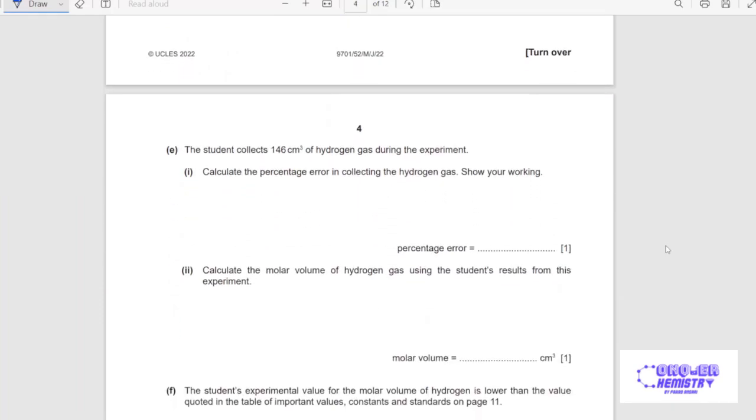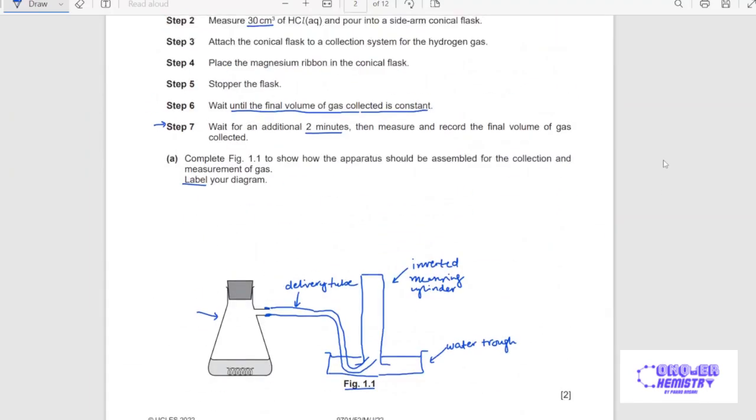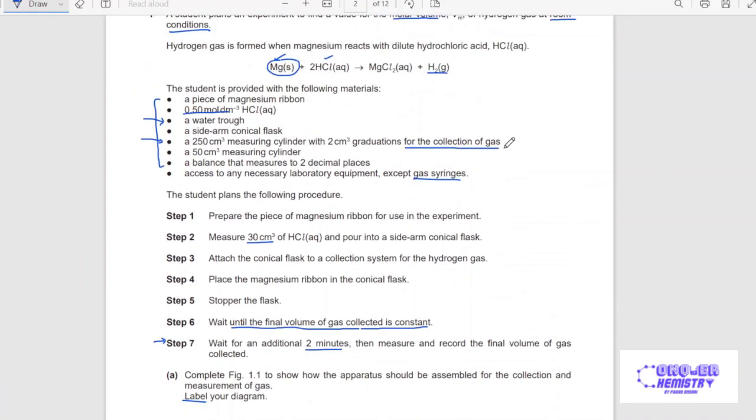Okay, next. So we have 146 cubic centimeters of hydrogen gas that is collected, and we need to calculate the percentage error. Okay. Now, if we go back up again, it says over here that for the collection of the gas, we have a 250 cubic centimeter measuring cylinder with 2 cubic centimeter graduations, right?